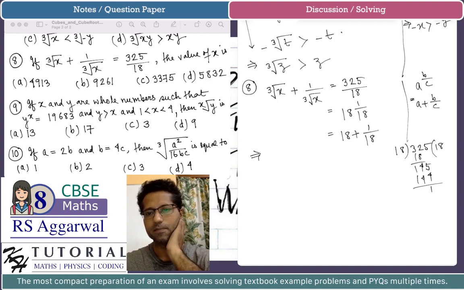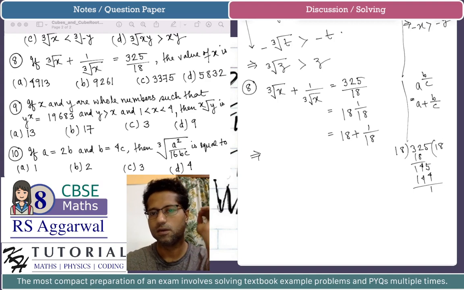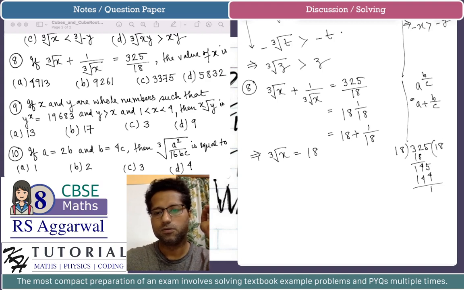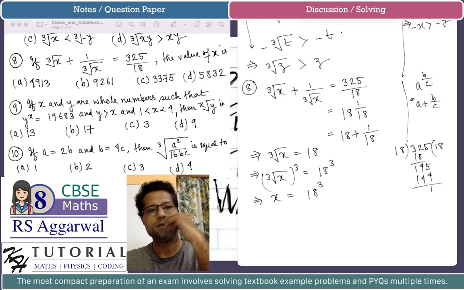So by matching both sides, we can say that cube root of x will be equal to 18. If you take the cube of both sides, cube of cube root of x is nothing but x. So we have x equals 18 cube.